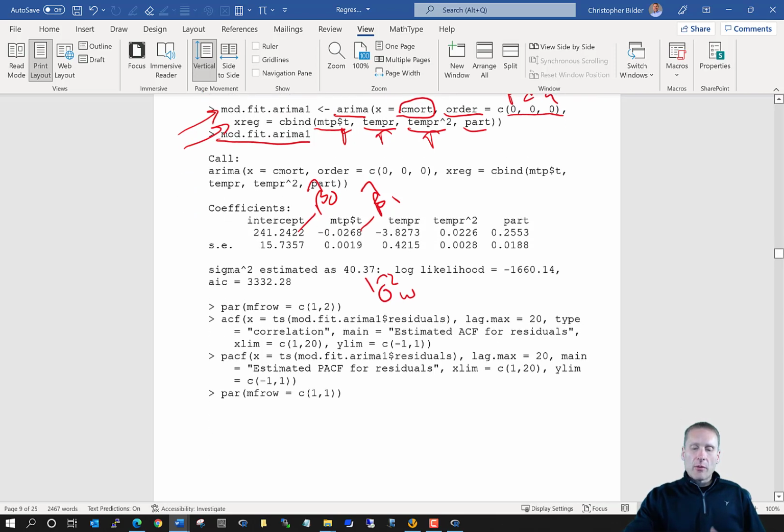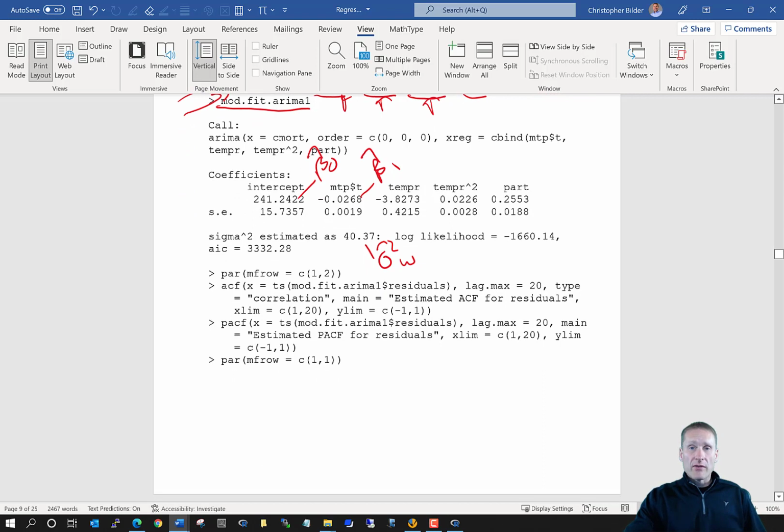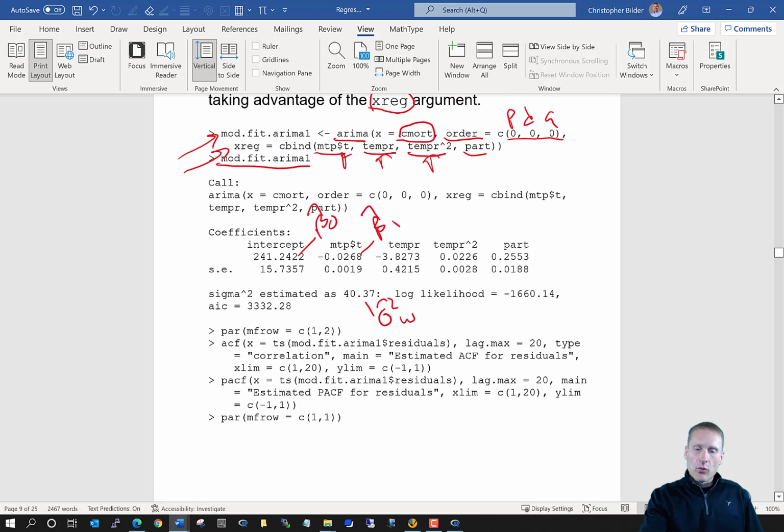And if I were to do a plot of the corresponding residuals, do note that since I did use the original vectors here, these are actually of class TS, and that causes a little bit of problems with how the residuals are outputted to us.